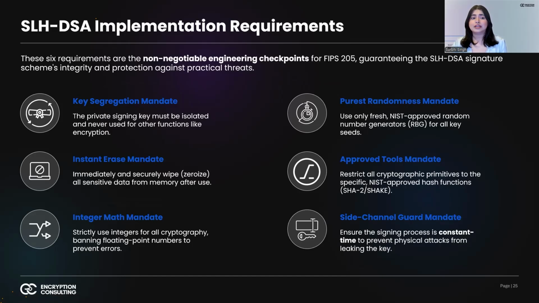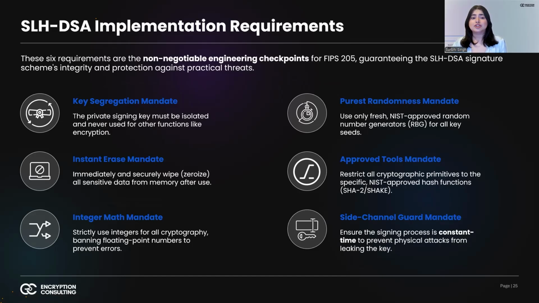Our second last point is the integer math mandate. This is a rule of absolute mathematical correctness. The implementation must use only whole numbers or integers for all cryptographic math. Floating point numbers, decimals are strictly forbidden. And that's because floating point operations can introduce tiny, unpredictable rounding errors depending on the specific hardware.